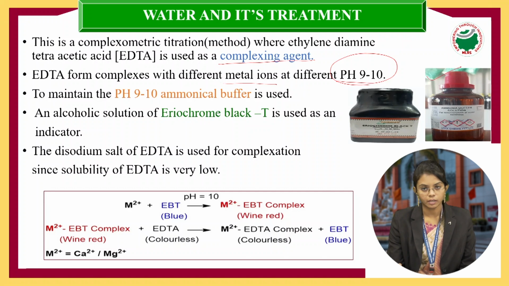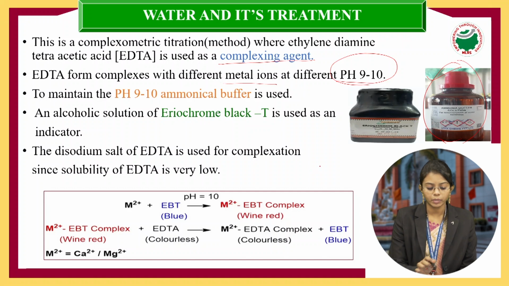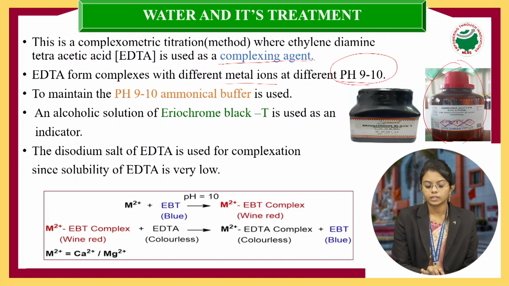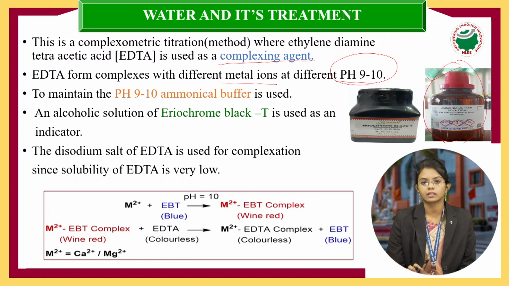This is your ammoniacal buffer. So, you are going to add this buffer solution in your experiment so that it can maintain the pH level of 10. Why do we have to maintain a pH of 10? Because the EDTA forms complexes with the metal ions at pH of 9 to 10. And an alcoholic solution of indicator, that is Eriochrome Black T, we are using.